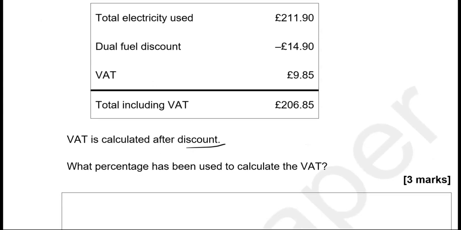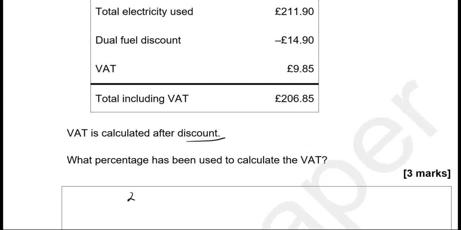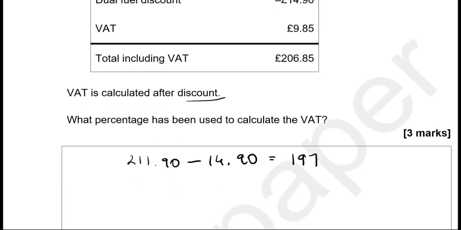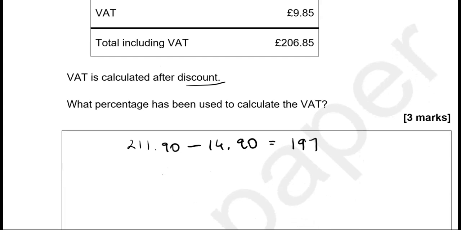As the discount is done first, we're going to do 211.90, take away 14.90, gives us 197. So the VAT paid is £9.85 out of the £197.